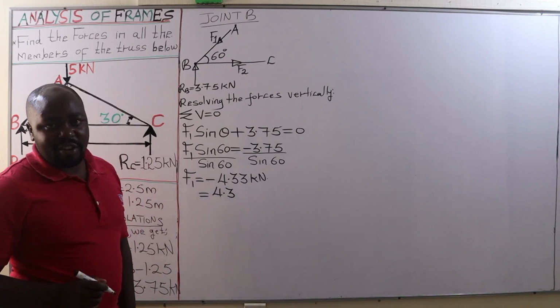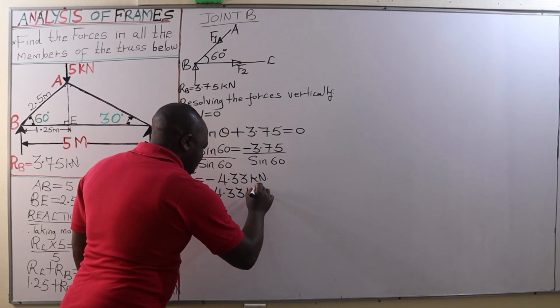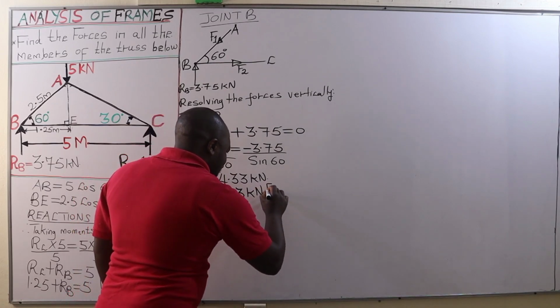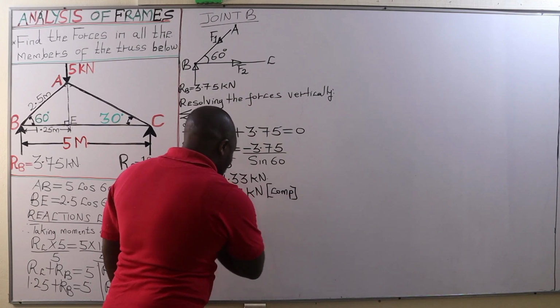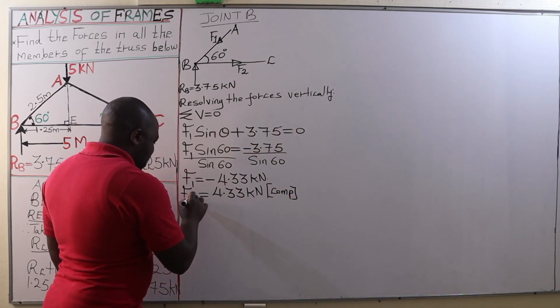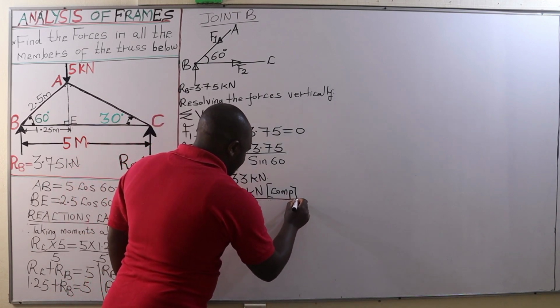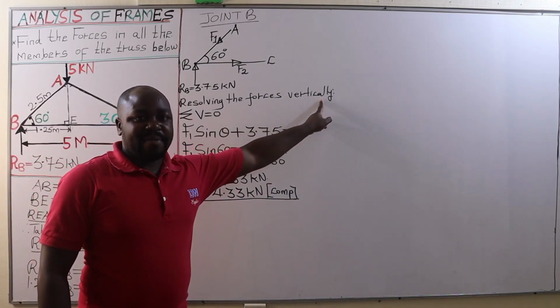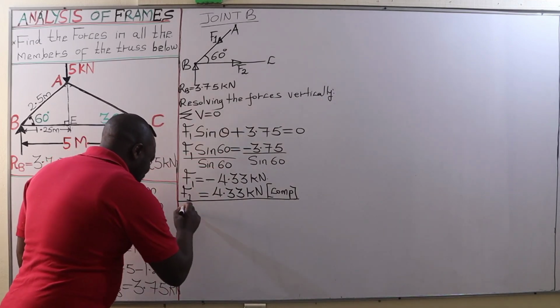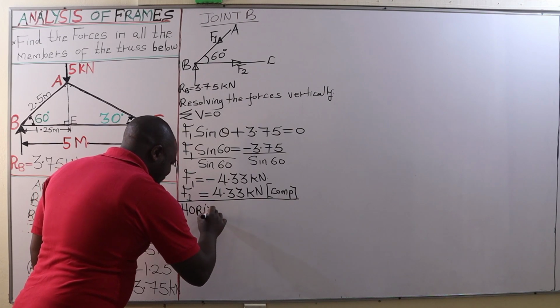Therefore, we can ignore the negative and write 4.33 kilonewtons (compressive force). That is the value of force F1 by resolving the forces vertically. Then from there we go to resolving the forces horizontally.